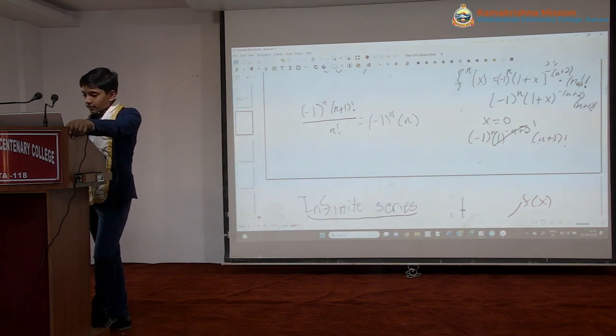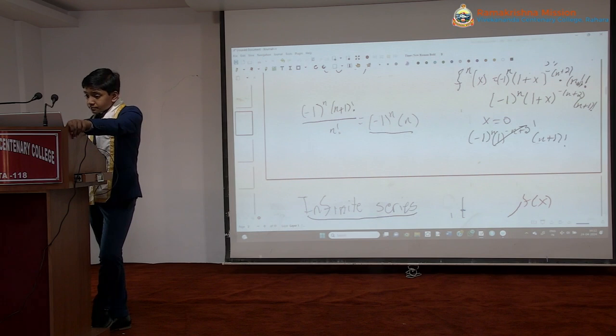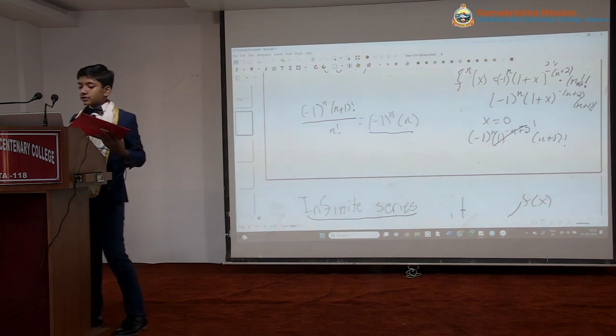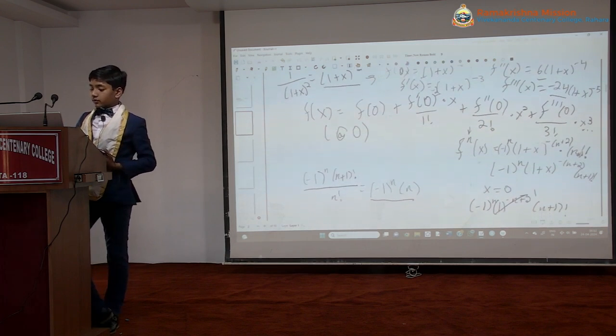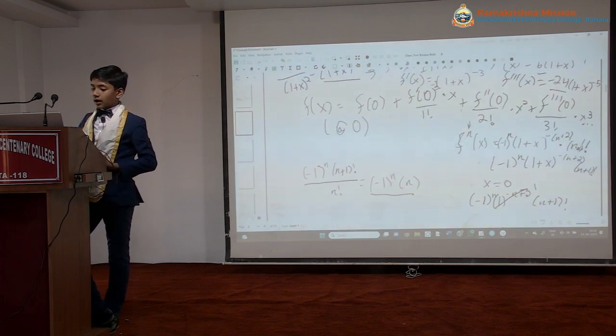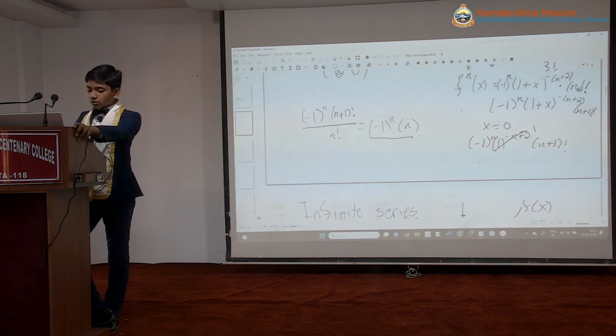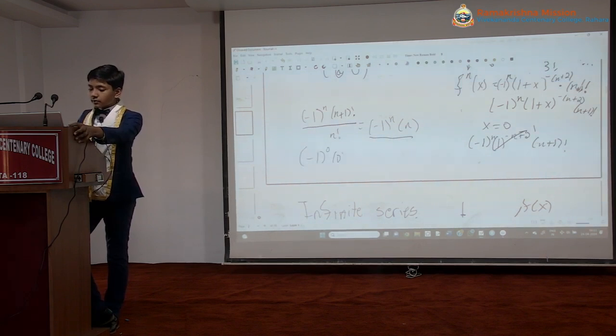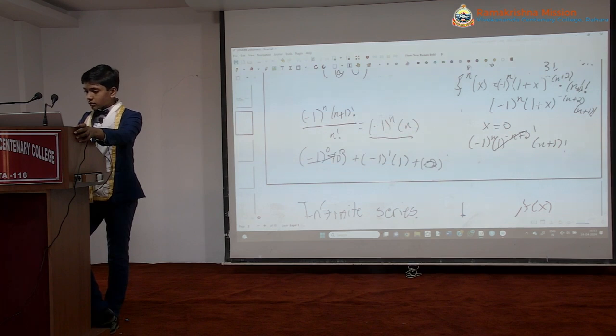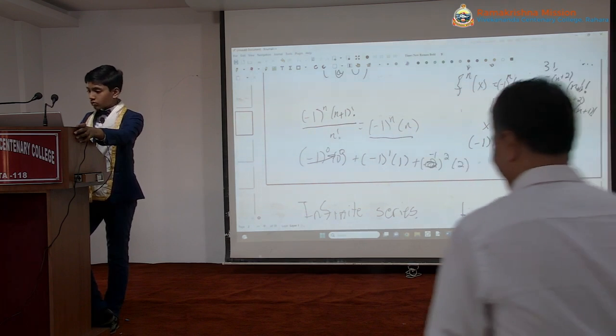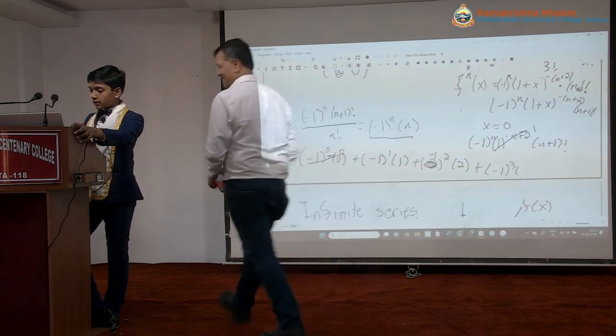Yes, that should be correct. So, what is this going to give us then? Well, if we scroll up for just the tiniest bit. Aha. Alright. So, what is this going to give us? Minus 1 to the 0 times 0, which is just 0, plus minus 1 to the 1 times 1, plus minus 1 to the 2 times 2, minus 1 to the 3 times 3.